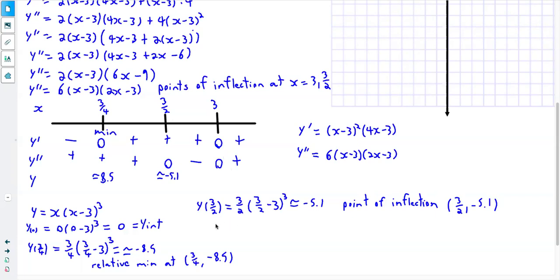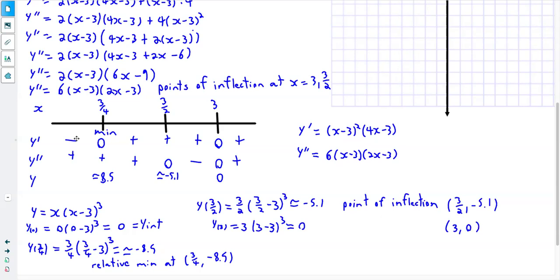So that was when we are doing an x value of 3. So that would be 3 times 3 minus 3 cubed, which gives us 0. So we also know we have a point of inflection at 3 comma 0.